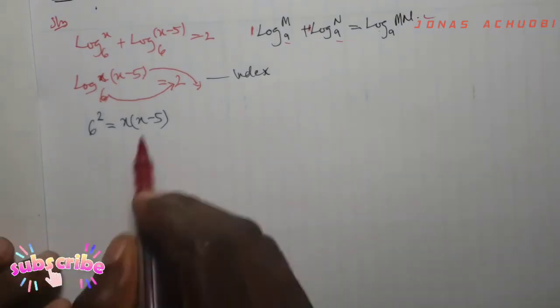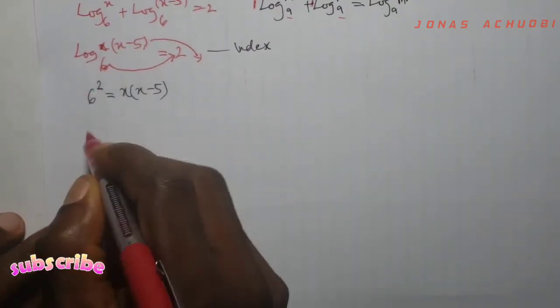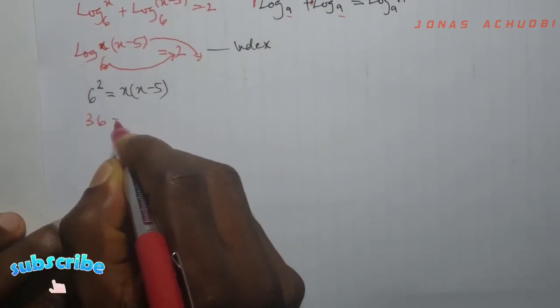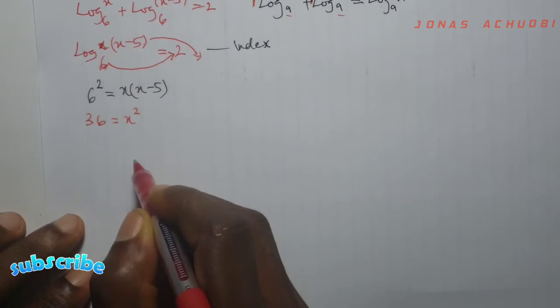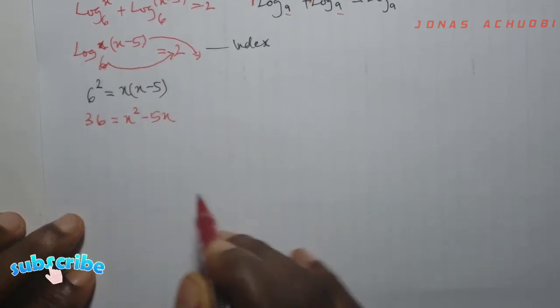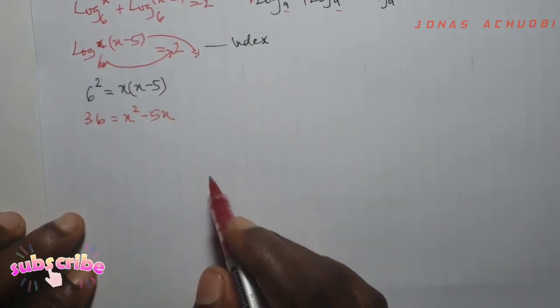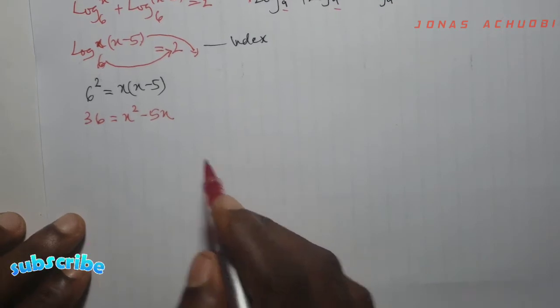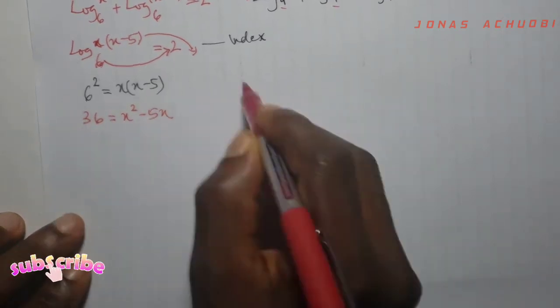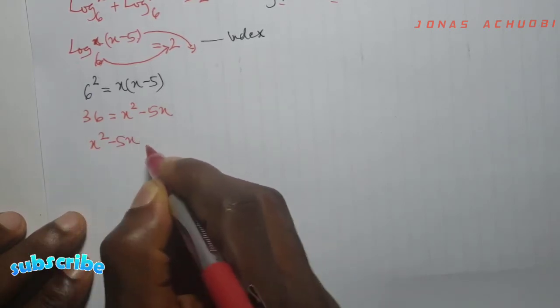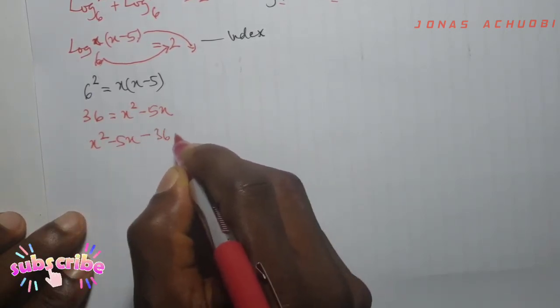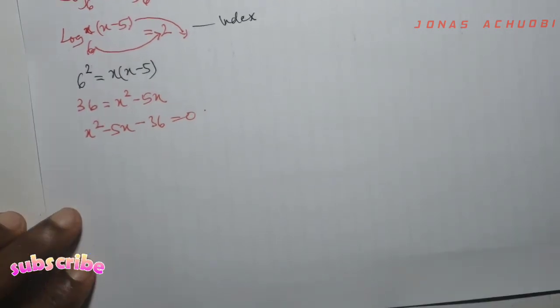So I have a bracket here, I'll just expand. 6 squared is 36, equal to x times x is x squared, x times negative 5 is negative 5x. I'm already seeing a quadratic expression there. So I'll take this term 36 to the right hand side, and I'll have x squared minus 5x minus 36 equal to 0.